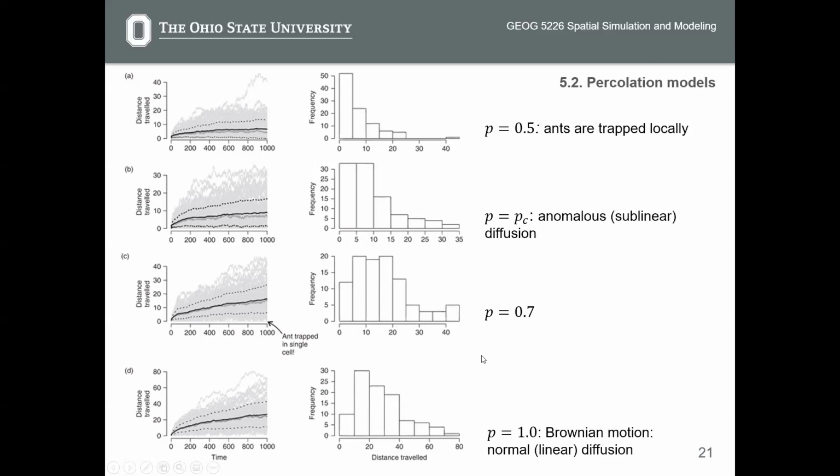And if you continue to increase p, do you think that these ants are going to travel even longer? No, that is not the case. If you change p to 1.0, it means that the whole lattice has been covered by occupied cells.